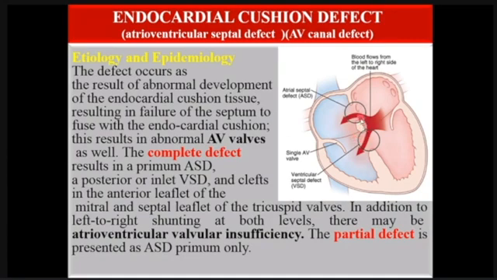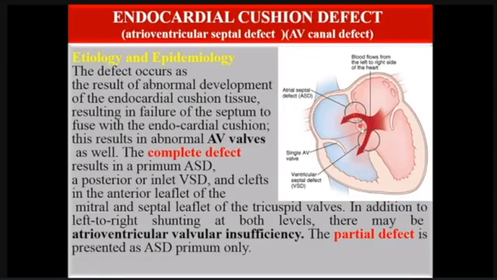So the patient may develop ASD primum, and in this case it is called incomplete or partial AV canal, or partial endocardial cushion defect, or partial atrioventricular septal defect. So it is incomplete AV canal if only the septum primum is involved.